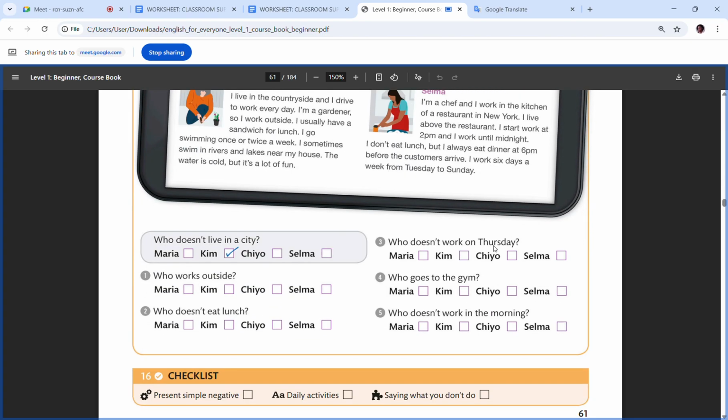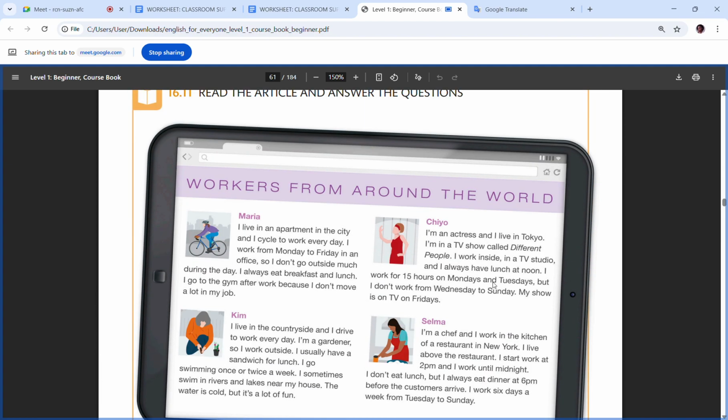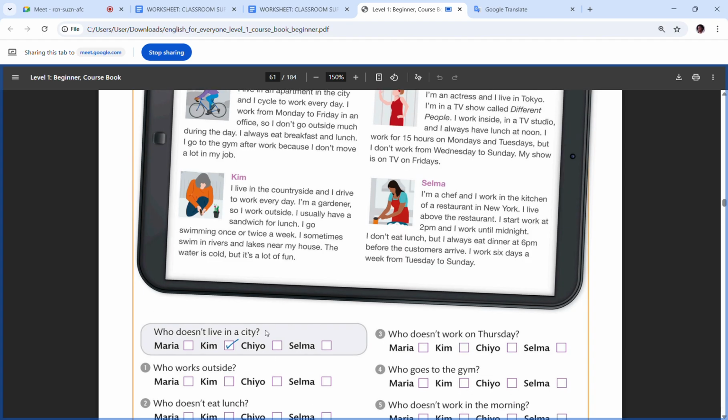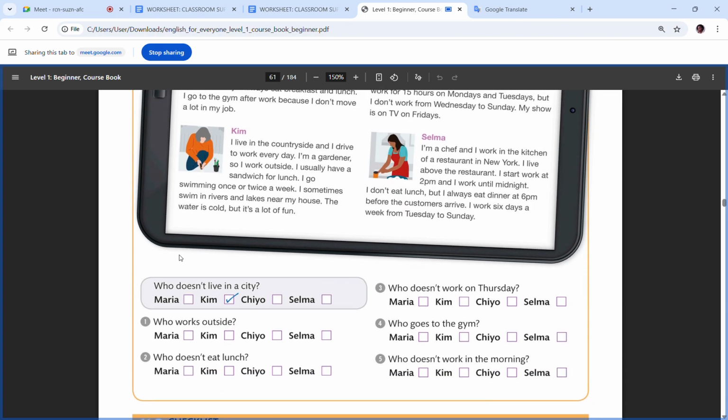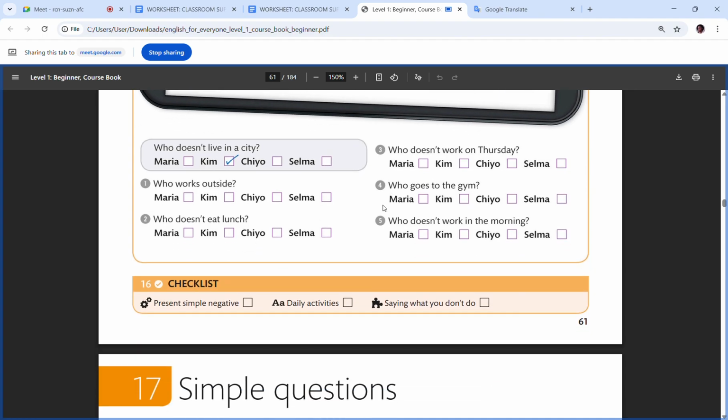Yes, very good. Okay, so can you see how we created questions, right? With does and does not, doesn't, and don't, right? And the verbs go and work.